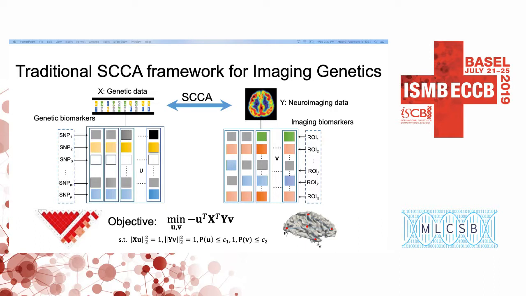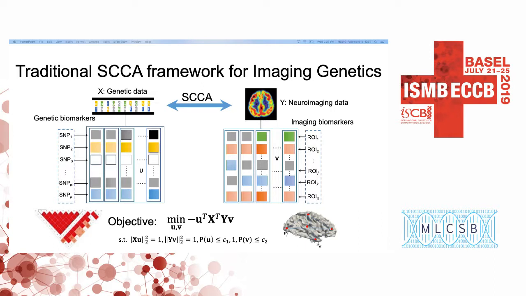On the right side are the imaging biomarkers, such as brain areas. For each brain area, we denote it as an ROI. Then for these two data matrices from the same population, we can conduct a multivariate analysis between them and find out which SNPs are correlated with which ROIs.